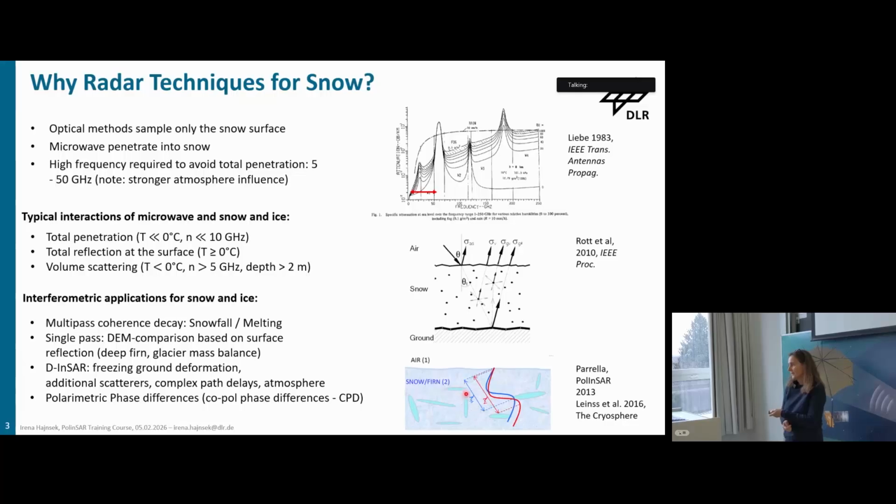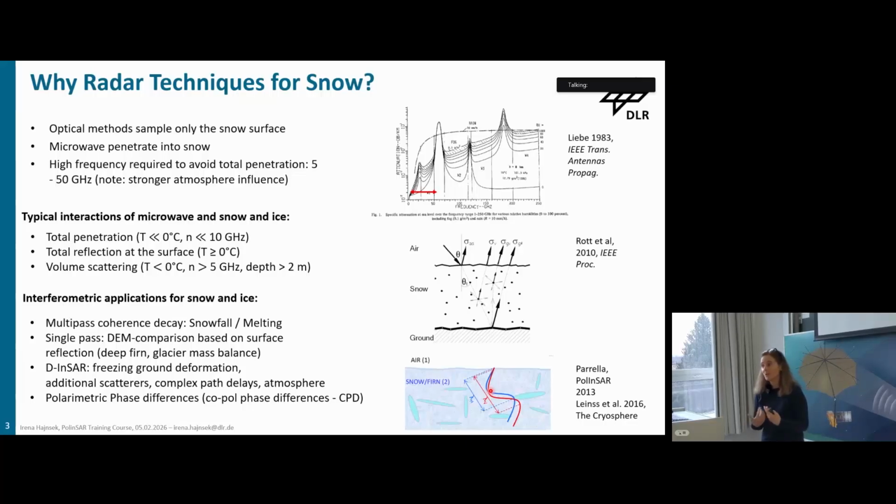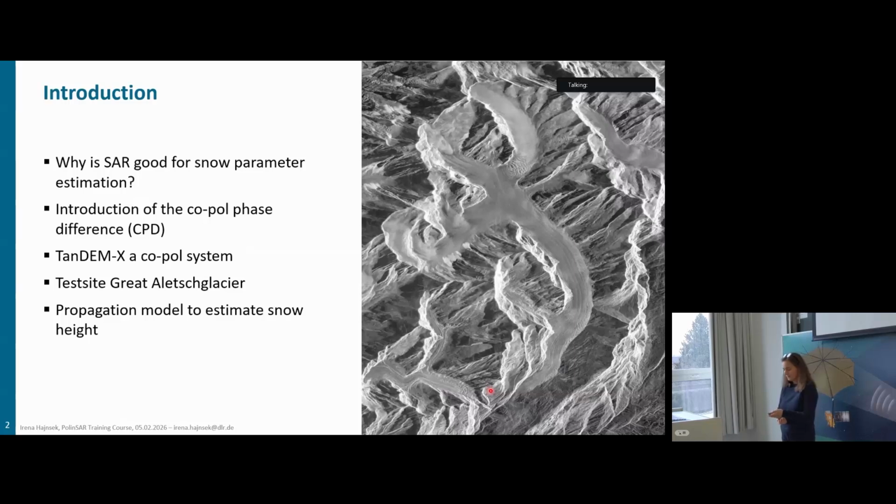You see, we have here wavelengths, so lambda h or lambda v, which are in principle differently propagating through the snow because they are sensitive differently to the structure of the snow, to the crystals in the snow itself. And therefore, you have a difference between HH and VV, and like this, you could do, in principle, a difference measure between these polarization channels.